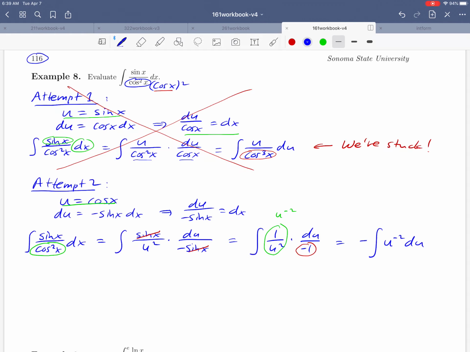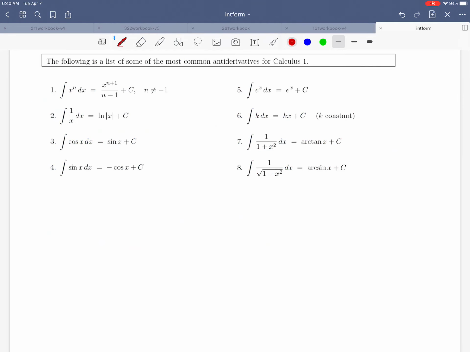So signs are good. We came down to an integral that just has u's in it. And so if we can find an antiderivative for u to the negative 2, we can continue with this problem. So let's sneak a peek at our table of integrals here, and do you see a formula that might help us there?